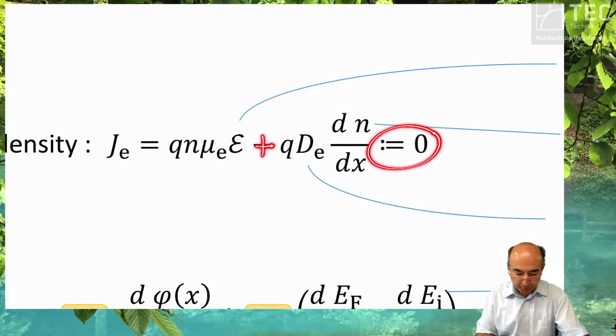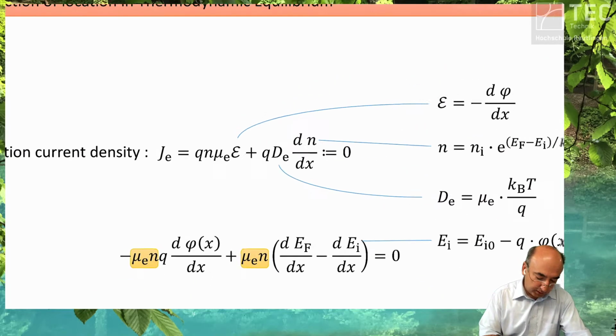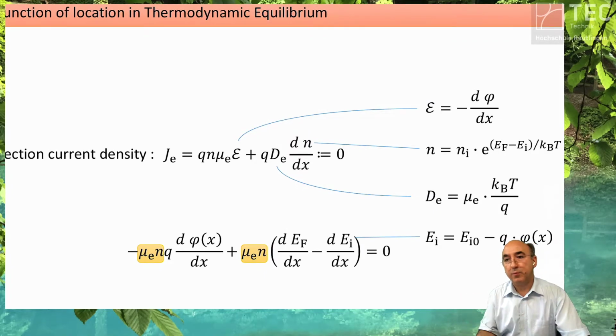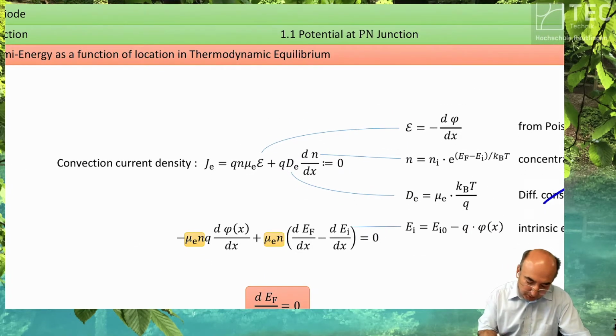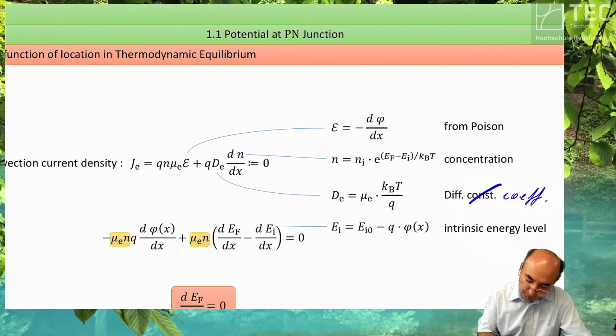So the convection current density is 0. Now let's put in from the Poisson equation that the electric field is minus the first derivative of the potential.